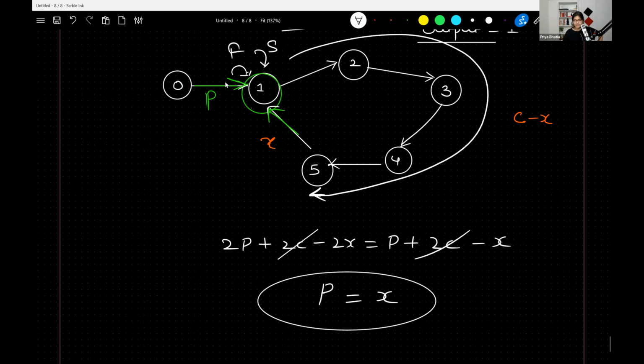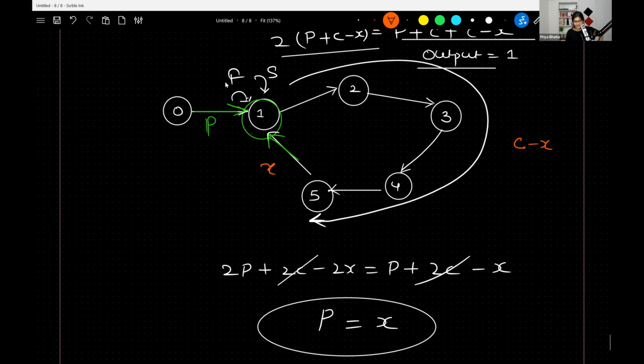So what is the meaning of this? This distance you will be able to get is equal to this particular point. Meaning at any point of time when they both are meeting, this value of p and x is the entrance point, the entry point, and that is where you will be able to get that duplicate value.